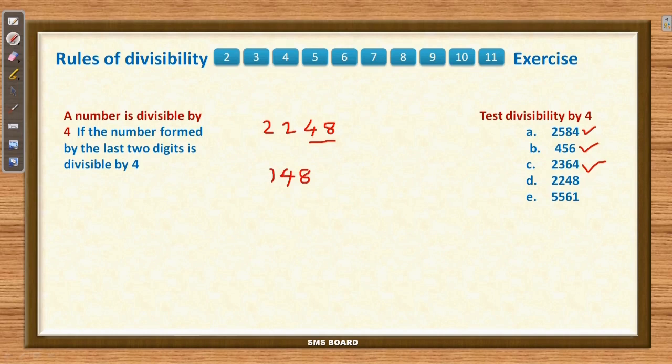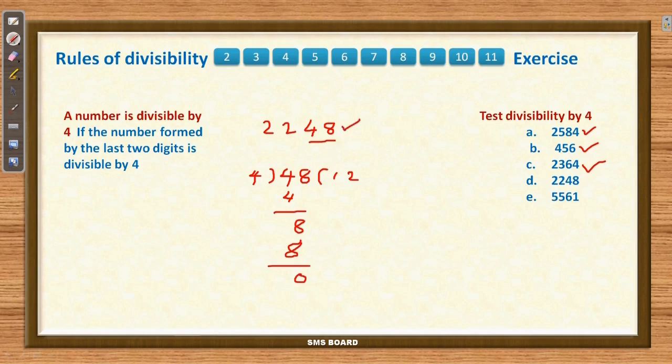So divide, actual division, divided by 4. So out of 4, this 4 will go one time. Then remainder is 4 minus 4, 0. 8 divided by 4, 2 times. Out of 8, 4 will go 2 times. So remainder is 0. So 48 is divisible by 4.